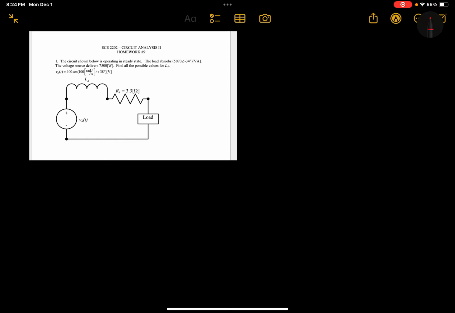So let's try to solve this. First, we'll start off by writing down everything they gave us. So we have the power of the source, which was 7500 watts. We have what the load absorbed, the apparent power, which is 5070 with an angle of 34 volt amps.